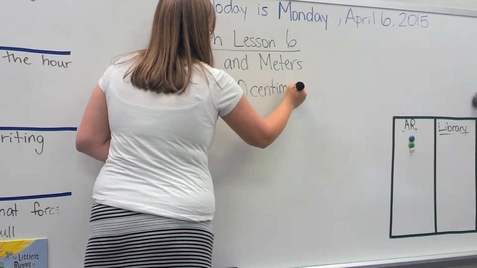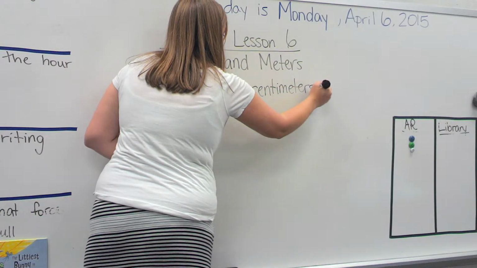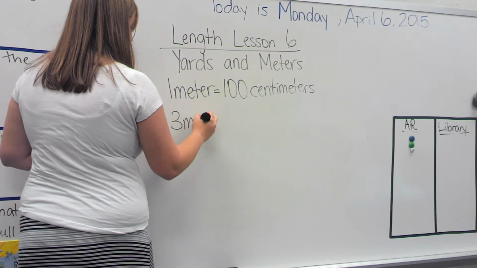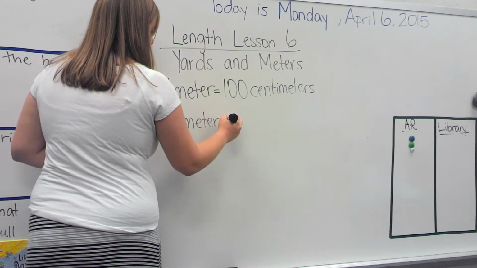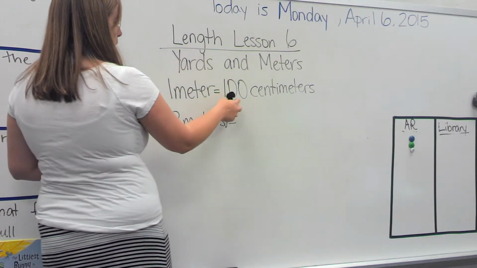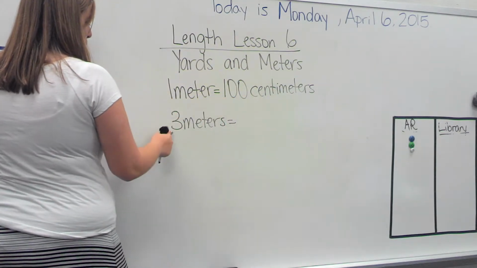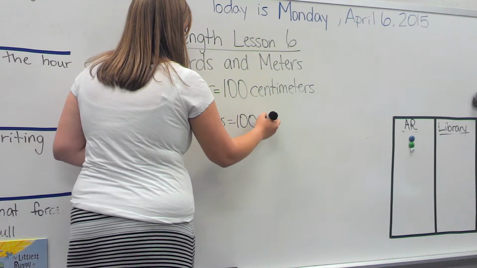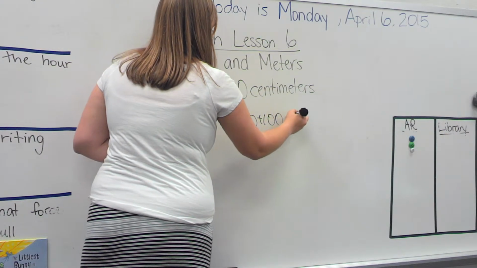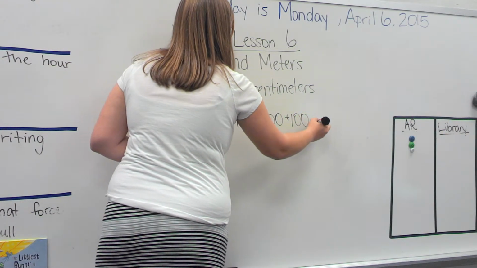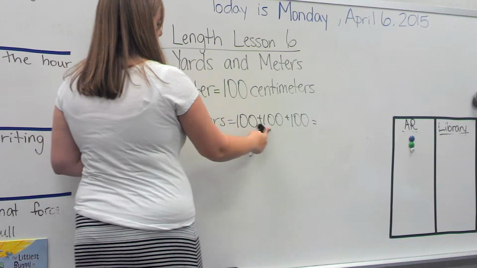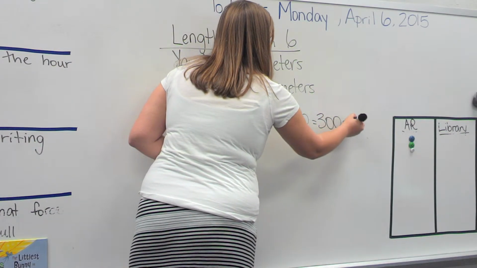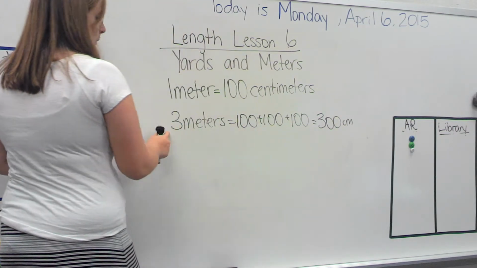So if I had 3 meters, that would be equal to 100 centimeters 3 times. 100 plus 100 plus 100, which is 100, 200, 300. So there are 300 centimeters in 3 meters.